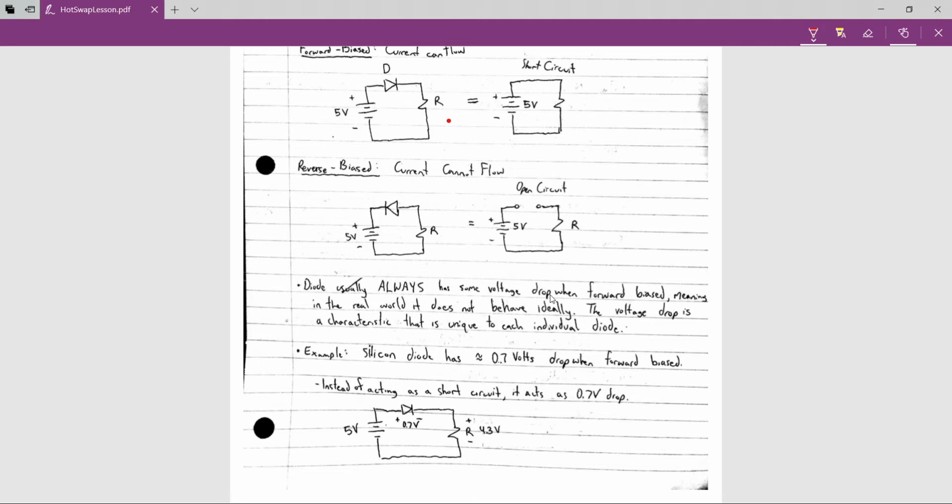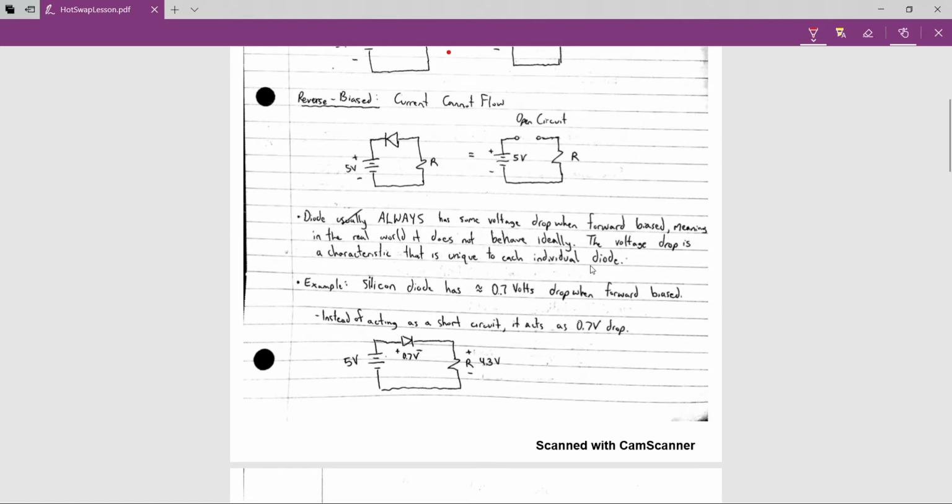Depending on the material of the diode, whether it's silicon or, I don't know what they use, germanium maybe, something like that, it can have a 0.7 volt drop, 0.3 volt drop, 0.5. It can have a different drop based on different characteristics. Although we're going to treat this as constant, so for example, if I have a diode and I'm telling you it has a 0.7 volt voltage drop, this is actually not necessarily constant.